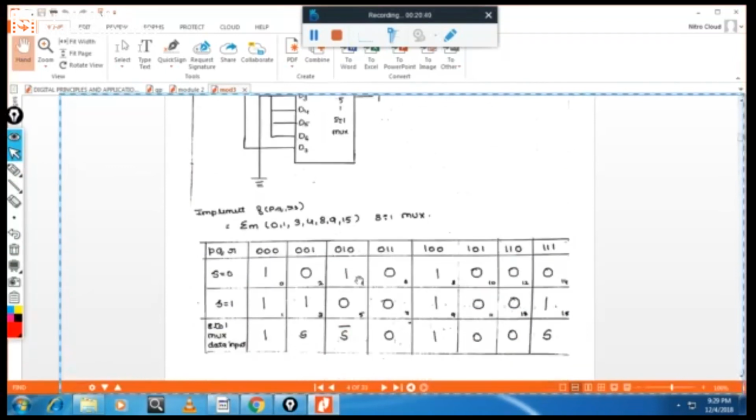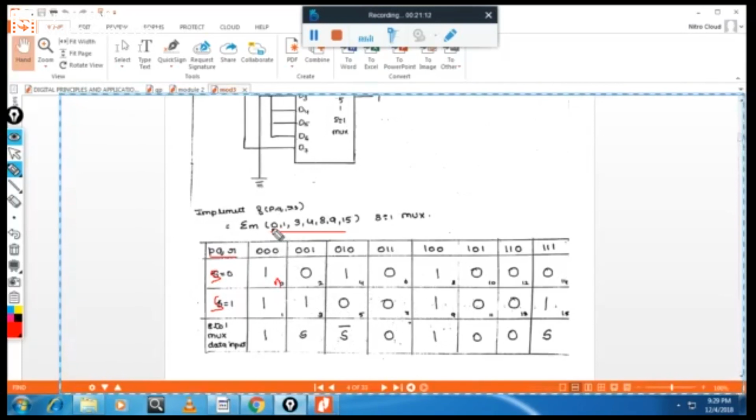Now next, implement PQRS function of 4 variable with 8:1 multiplexer. So when they give 4 variables like this, PQRS instead of A, B, C, D, you have to write the same variable. Don't write A, B, C, D. So PQRS, S is LSB. So represent these terms. You know this is M0, M1, M2, M3.